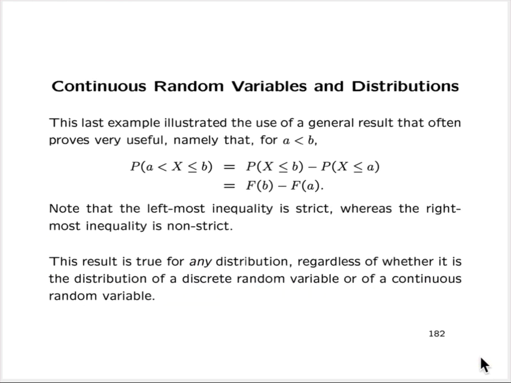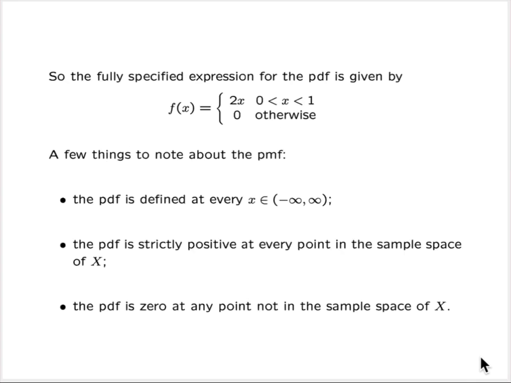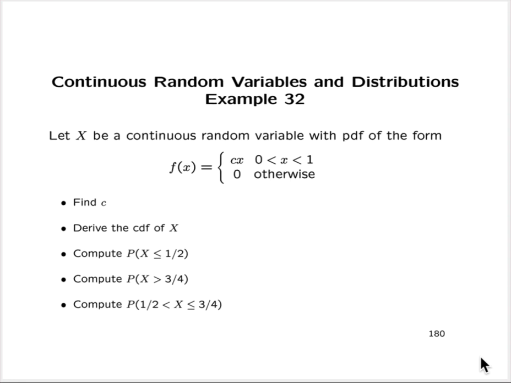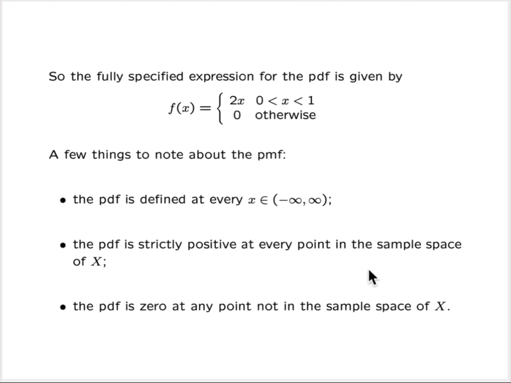Now, before we wrap up, I want to go back and look at some of these calculations. All right. So we started off this example by finding C, and the way that we found C was that we integrated the PDF over the real line, and then we found the CDF, and that involves integrating the PDF as well.